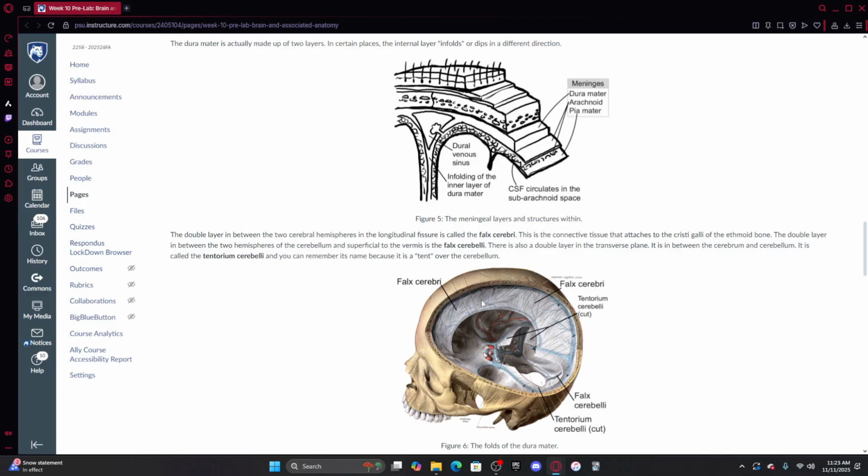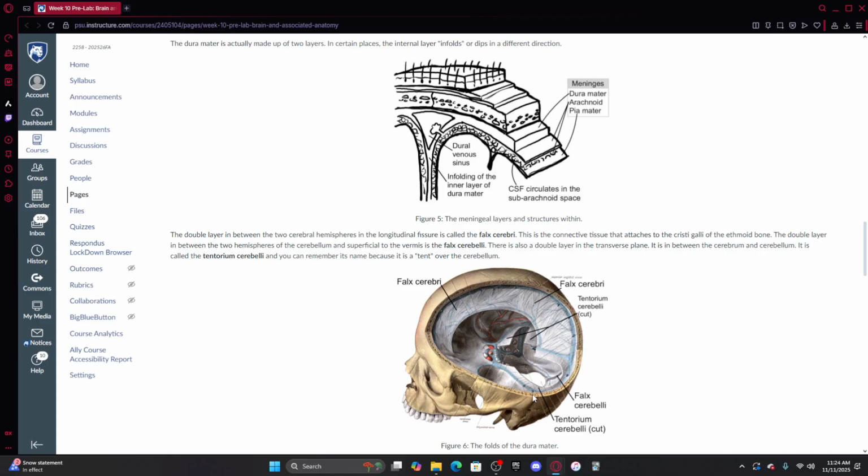Right, so you have your falx cerebri, your tentorium cerebelli, which is that dura mater in between your cerebellum and your cerebrum. And then separating your cerebral hemispheres, you have your falx cerebri, and separating your cerebellar hemispheres, you have your falx cerebelli.